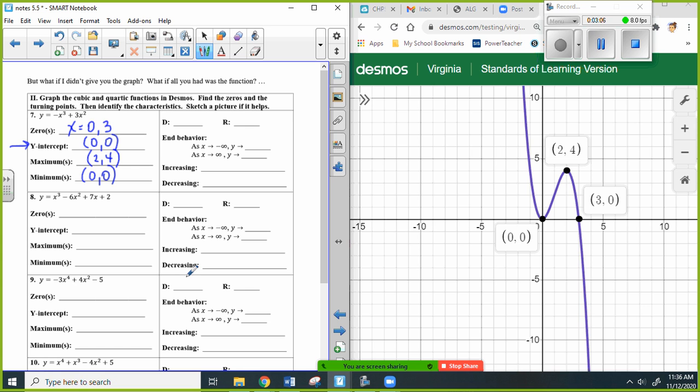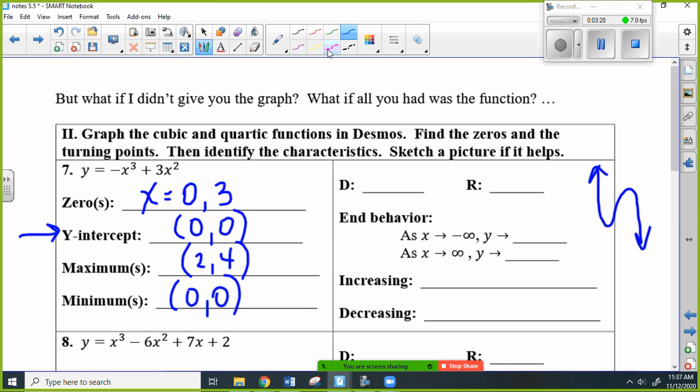Okay, now one thing you don't have to do is to sketch a picture. Okay, but if it helps you to just draw a little picture on the side, you certainly can. All right, and now that I have my little picture on the side, I am actually going to make my screen bigger so you can see my stuff again.